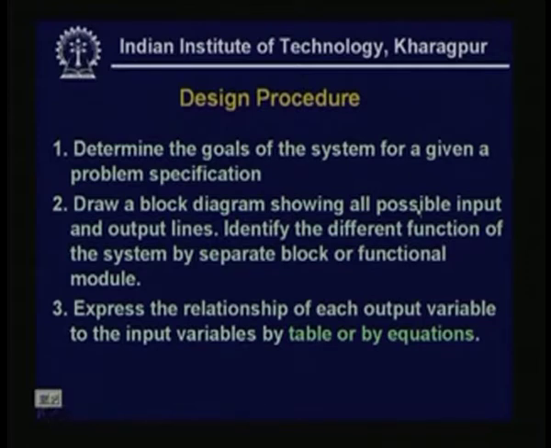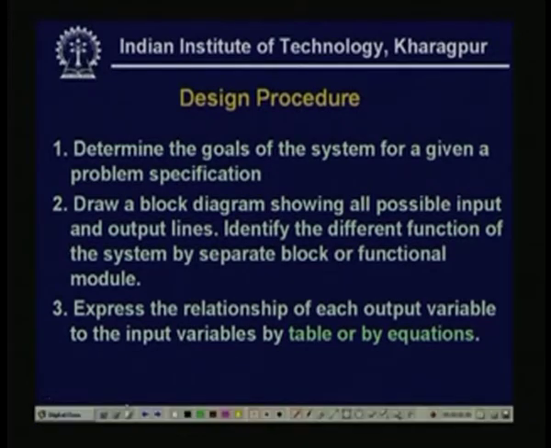Now, say just now I mentioned this, if I explain the second point, see we have, this is a block diagram level. There are set of inputs and set of outputs.